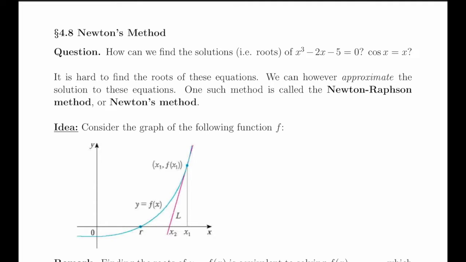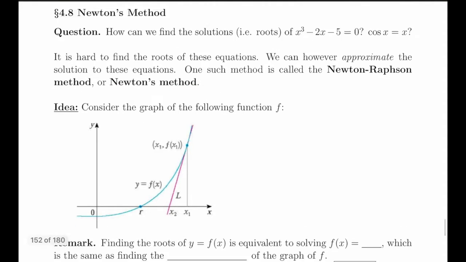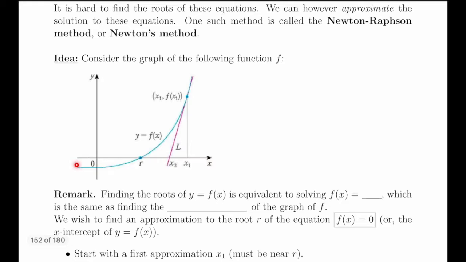And the method we're going to look at in this course is called the Newton-Raphson method, or simply Newton's method. So here's the idea. Suppose that your function looks like this, and you want to find the root of this function, which is here. So what you're going to do is make an educated guess as to what the root might be, and we call that guess x1.